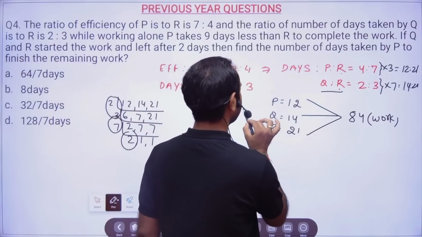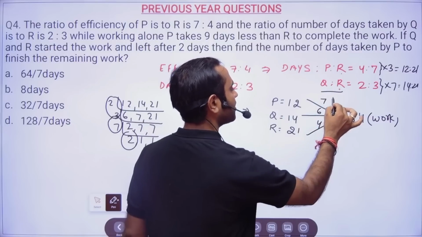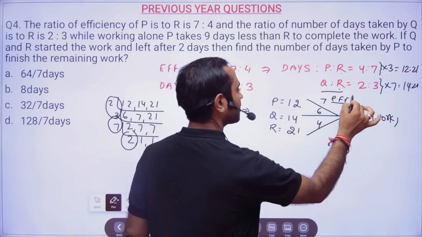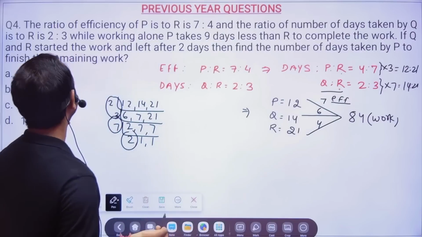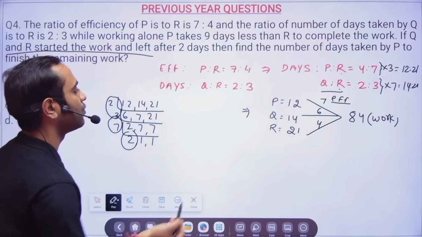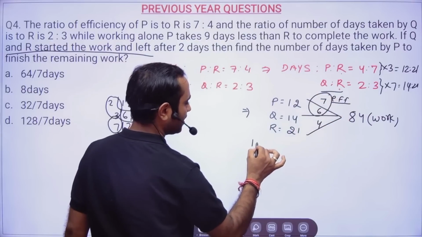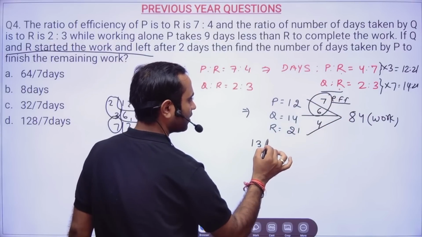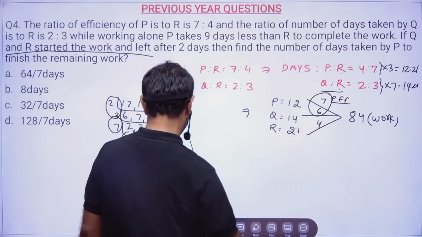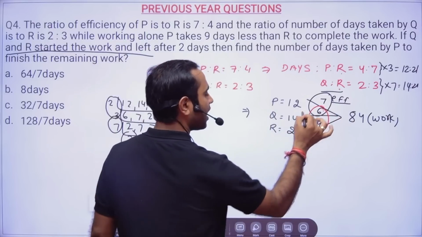Okay, fine. Next, friends, this is 7 times, this is 6 times, this is 4 times. This is our efficiency. Now they are telling that Q and R started the work and left after 2 days. So Q and R worked for 2 days. Q is 6 and R is 4.